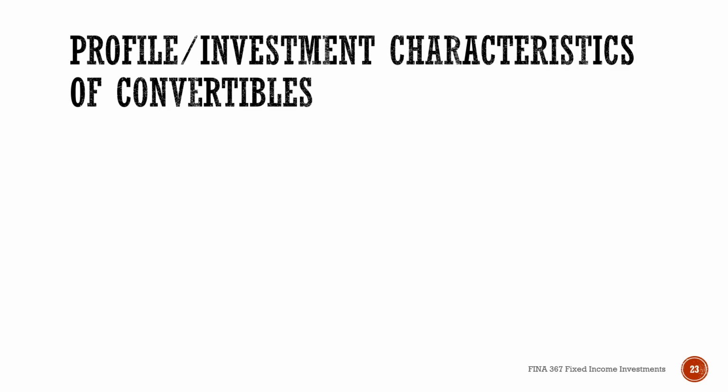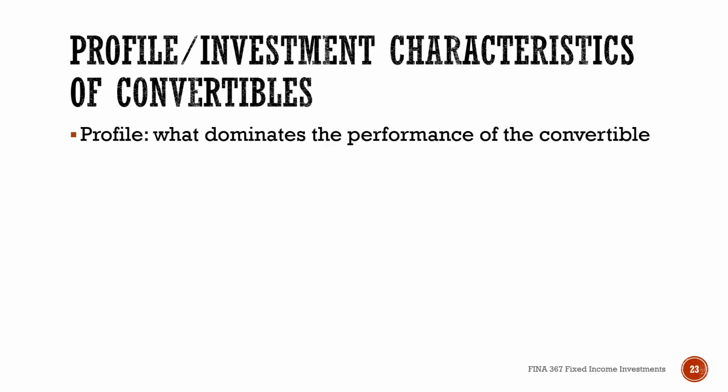Now, as I mentioned before, the convertible bond is a hybrid kind of security. So any sort of analysis of this bond will have to consider both the characteristics of the issuer stock and the characteristics of the issuer bond. We want to figure out what kind of characteristic dominates the performance of the convertible bond.